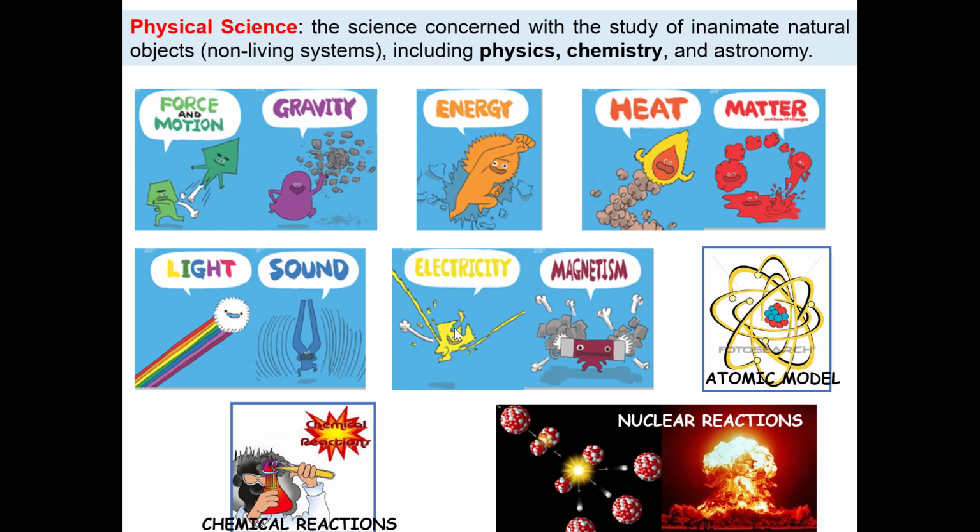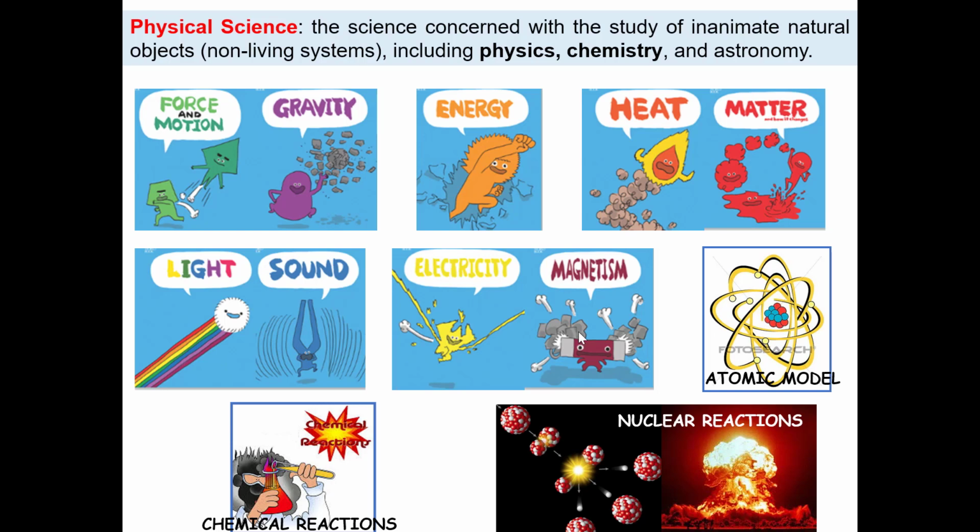Then we will discuss the wave concept, which is just energy that travels as a vibration. And we will focus on two kinds of waves, sound and light. Then we will cover the basic concepts of electricity and magnetism.